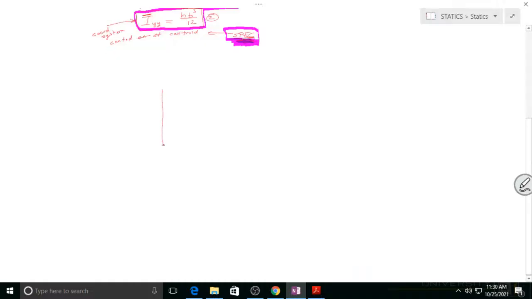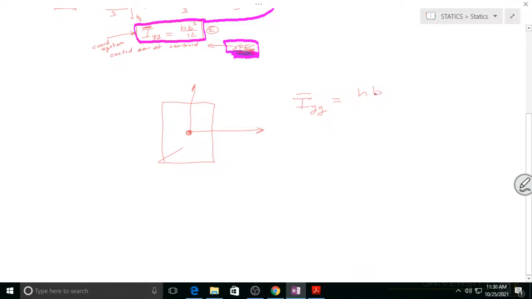And say, we had our centroid right here, it became I equal to h. If you scroll up a second, you'll see h base to the third over 12.